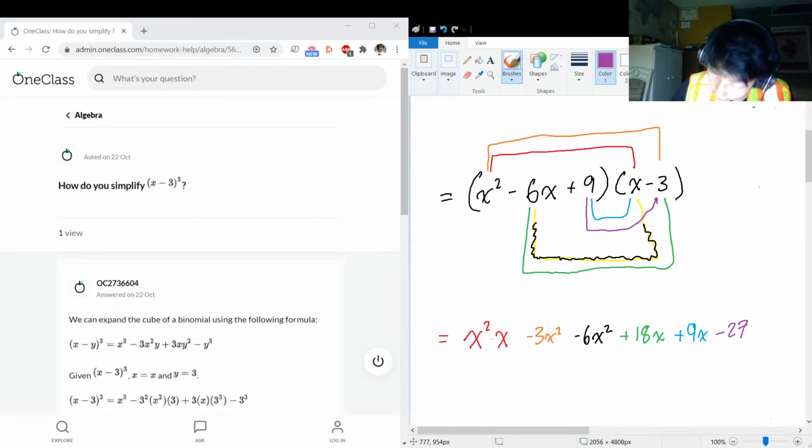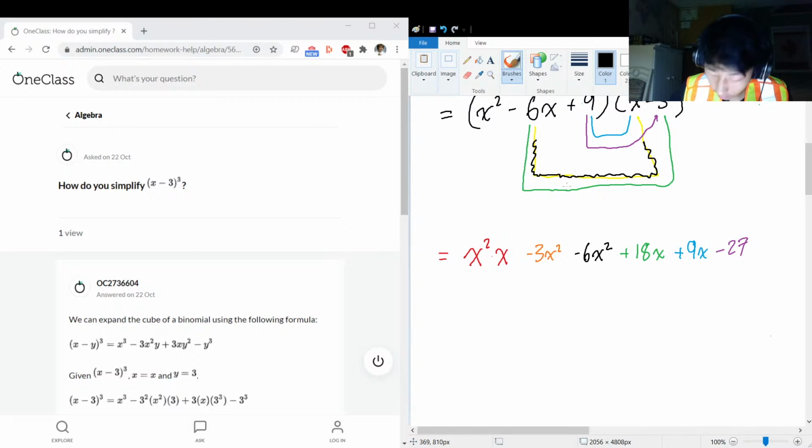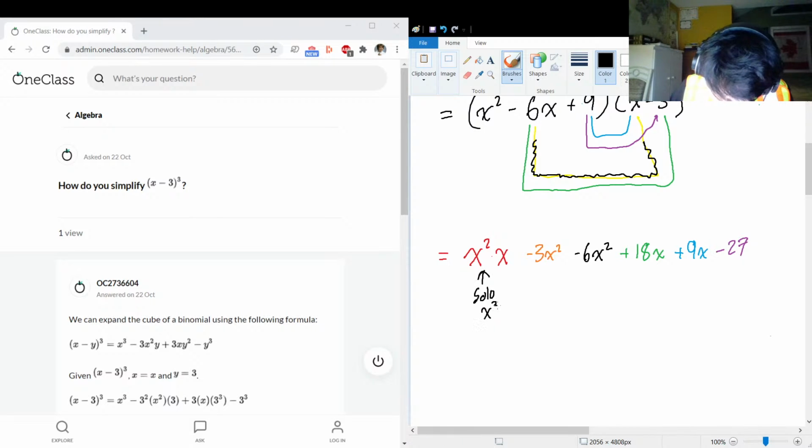Okay, now let's collect our like terms. So that is solo, x cubed. Only these two are x squared, so we're going to combine those. Only these two are x, and that's a solo.